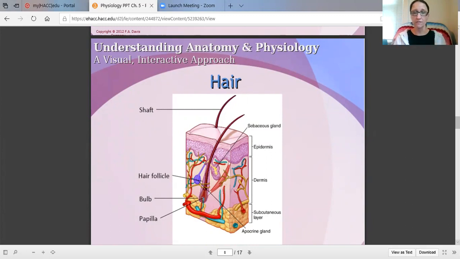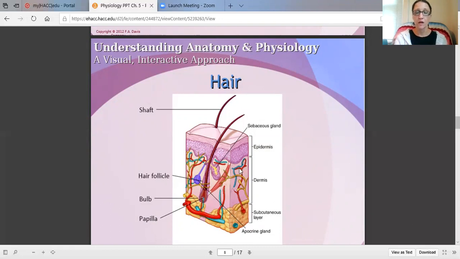It's not alive. Let's talk about the structure of this, where we see it in the cutaneous membrane. So we have the epidermis here, the dermis, and then hypodermis, or subcutaneous layer, just to review. And the hair itself arises from the dermis.